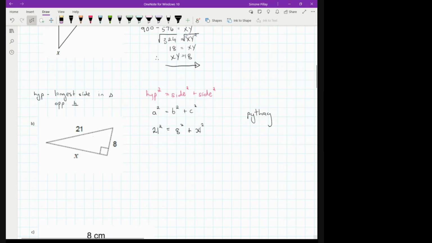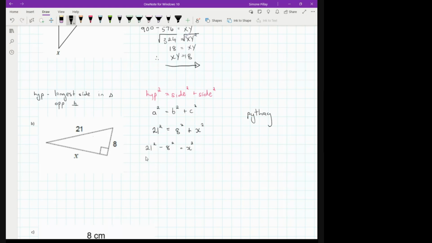21 squared minus 8 squared is equal to x squared. Then, get my calculator out.